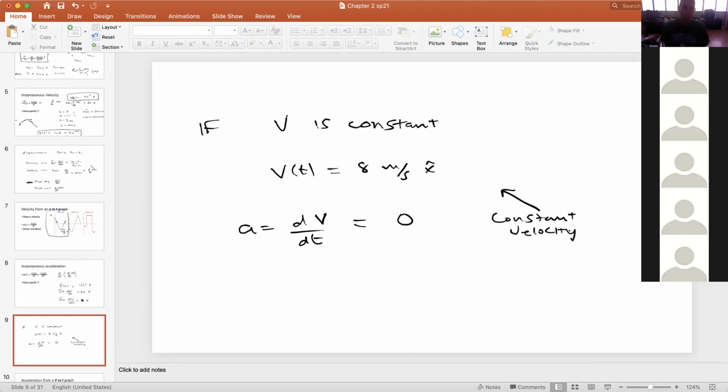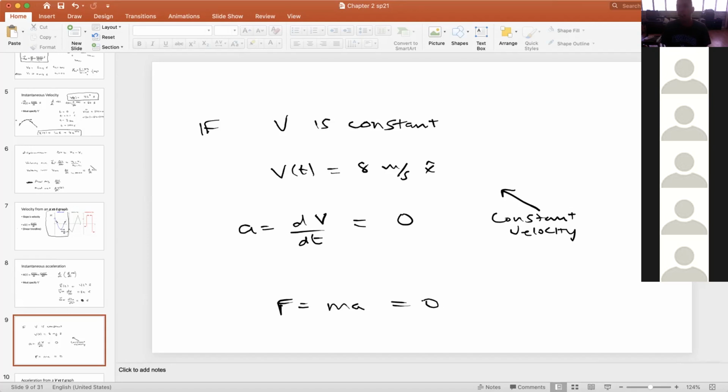That's actually the special case that led to Newton's first law that everyone knows. An object at rest stays at rest. An object in motion stays in motion unless acted upon by a force. So if the acceleration is 0, then the force is 0, right? And if the force is 0, the object's motion doesn't change.